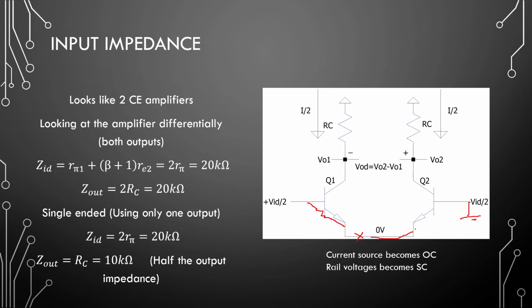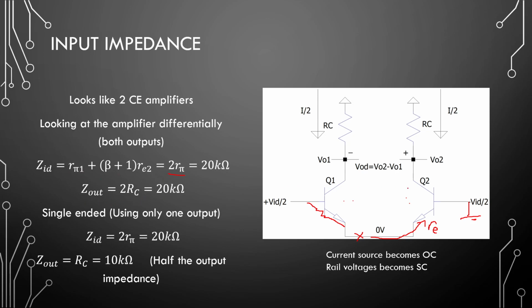So looking into this transistor right here, we see its small re, and a small re multiplied by beta plus 1 is R pi. So if these two transistors are matching, we have R pi 1 plus beta plus 1 times Re2, which is 2 times R pi. Okay, so our R pi here is 10 kilo ohms.